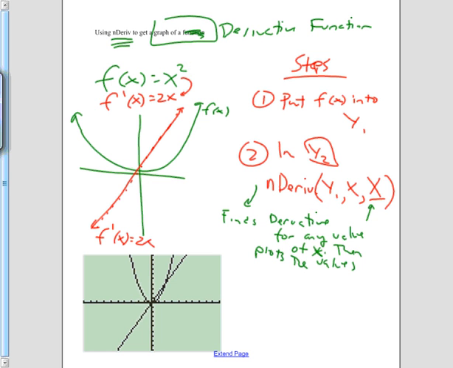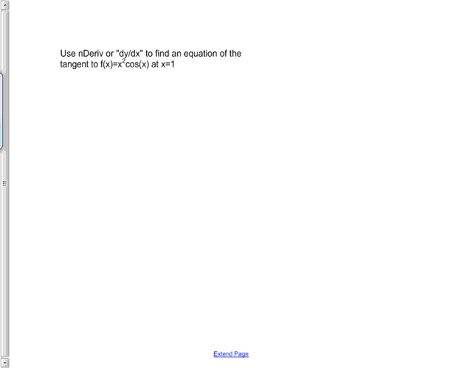So the last thing that we're going to do today is just look at a synthesis. We've talked about finding equations for tangent lines before, but now we're going to use the calculator to do that. And we're going to use either one, it doesn't really matter, either nDeriv or dy/dx, to find the derivative of a function.